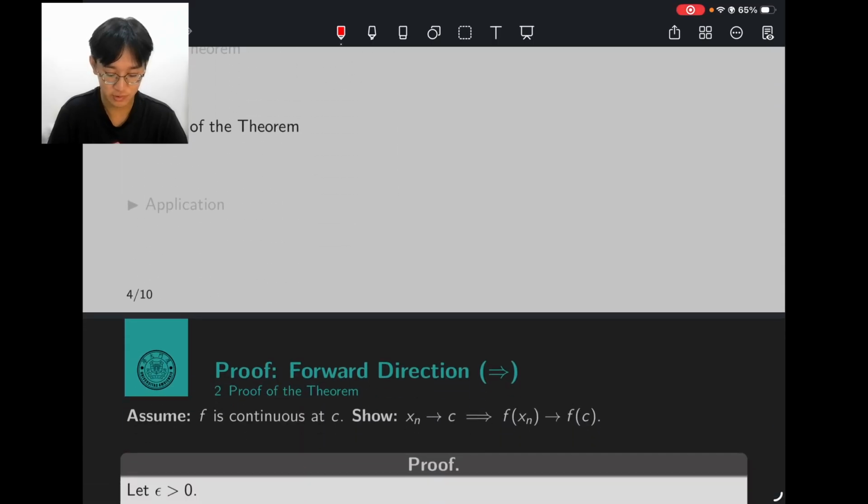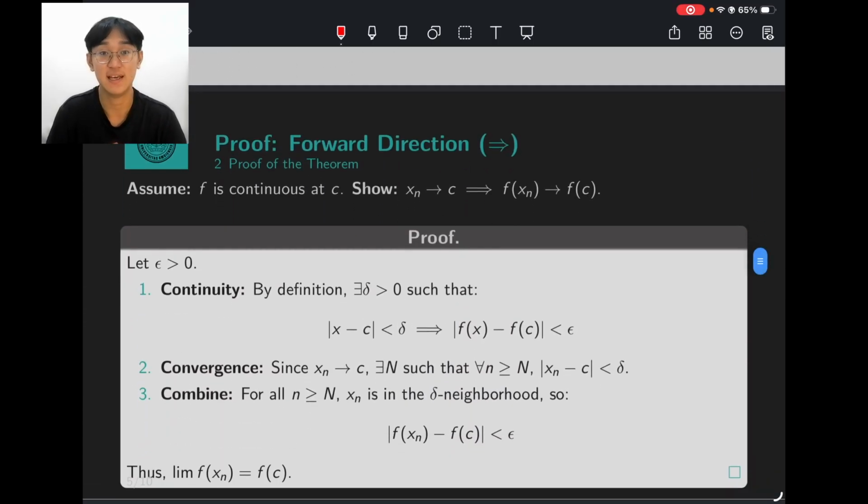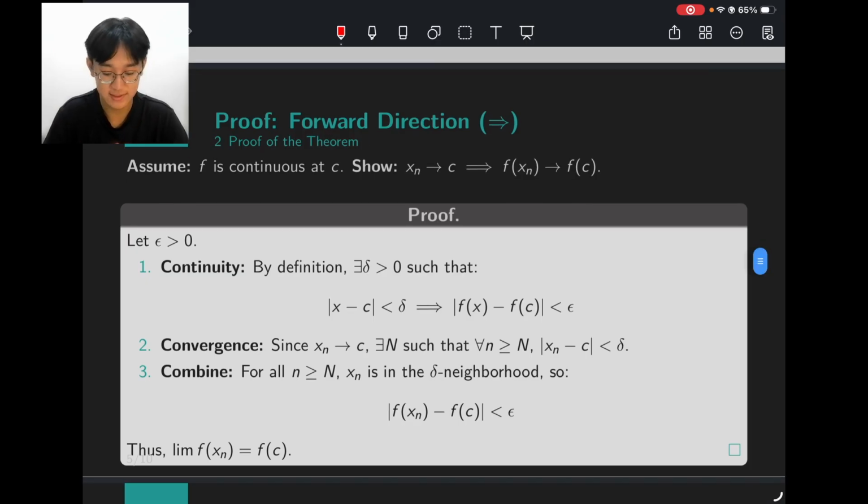So now let's prove this theorem. Since this is an if and only if theorem, we need to prove it from two sides. Now let's prove the forward direction. We assume f is continuous at c and we want to show xn approaches c implies f(xn) approaches f(c).